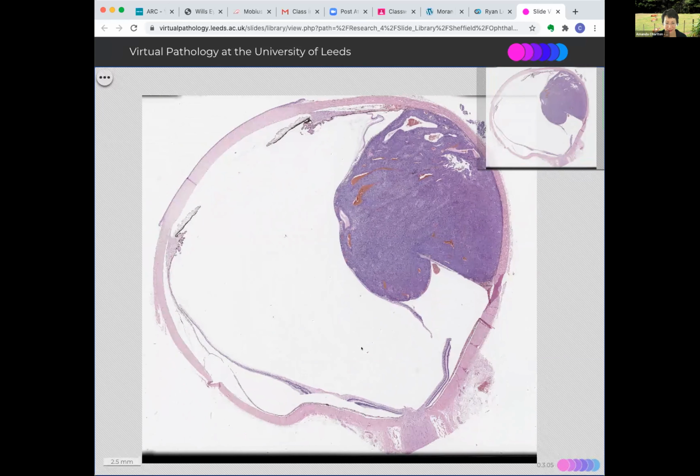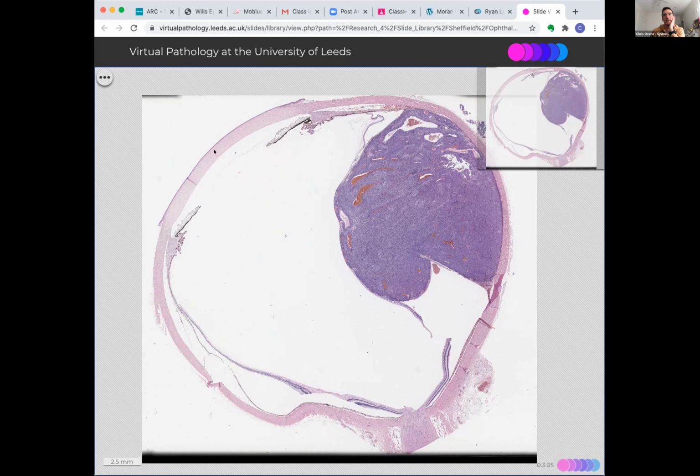All right, Chris. So we've got to follow our 6-part structure because that's how we describe our slides. As I understand, part 1 is we have to describe what we have and the normal structures. Yeah, so this is a whole globe enucleation specimen.